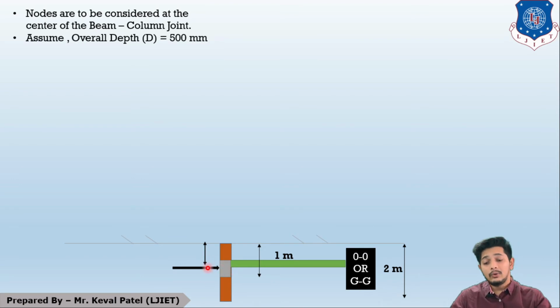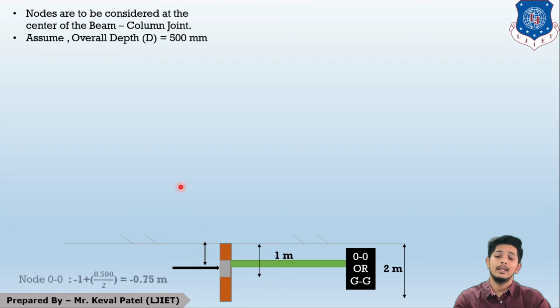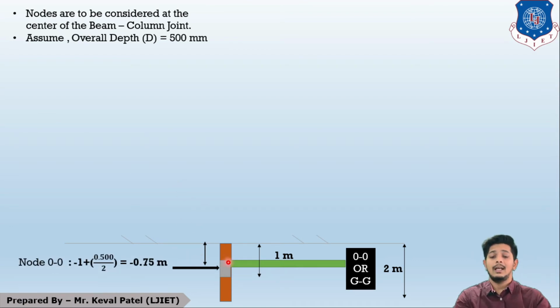Now, for finding out the node from ground line to node, I will calculate something. I have the total height as 1 meter and the beam depth is 500 mm. So where will the center of the beam be? It will be at -1, which is below the ground line.